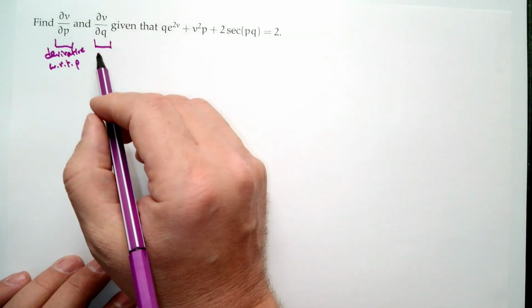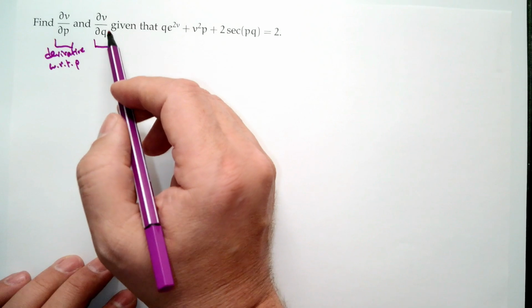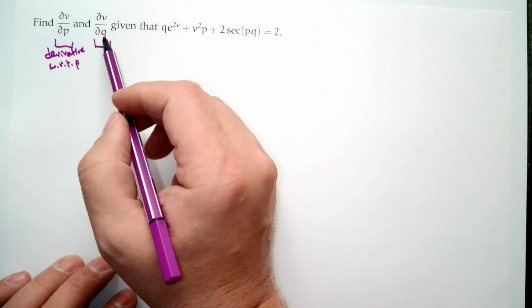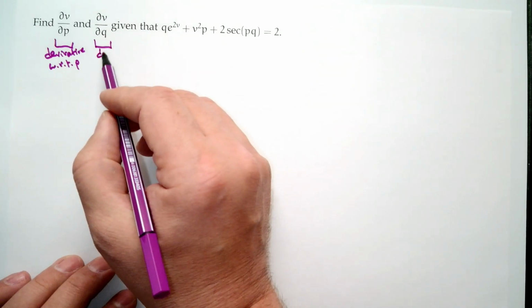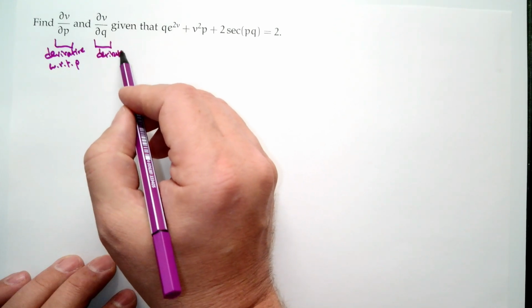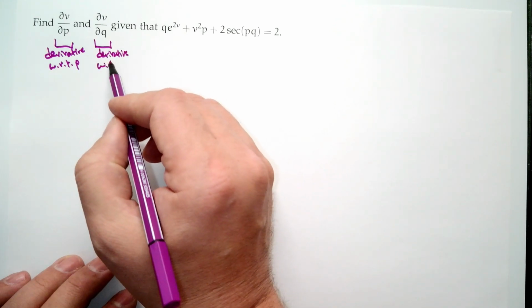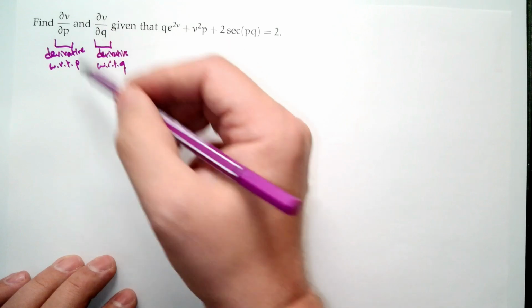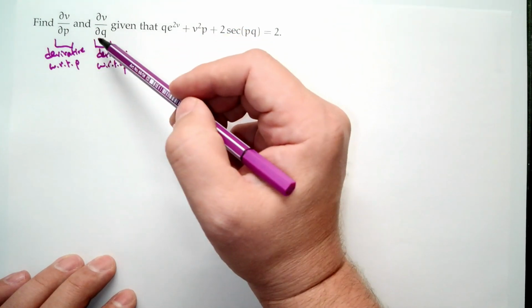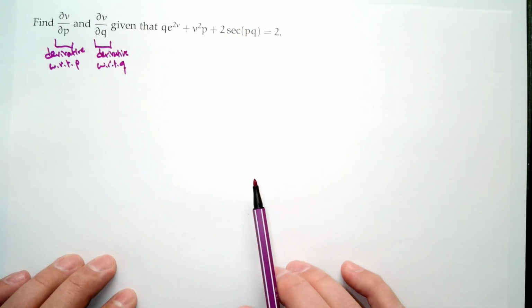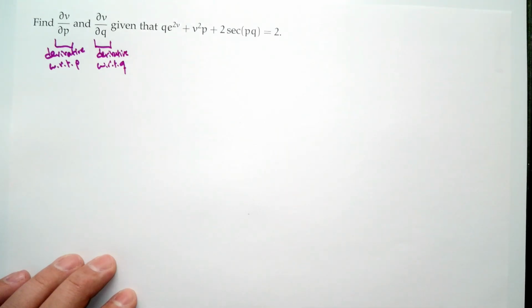Similarly, partial v partial q says how does v change as I change q. In general, with this partial notation, whatever's in your denominator, that's what you're taking the derivative with respect to.